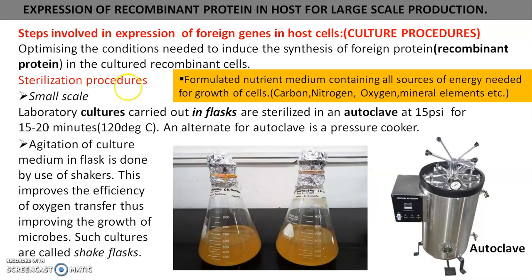Because if there are other cells, they will contaminate the product. It will affect the growth phases of our cells. So our product that has to be marketed won't be very safe for human consumption if there are other microbes, other germs. So the very important thing is maintaining a sterile environment, an aseptic condition.